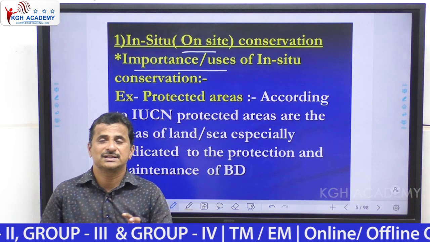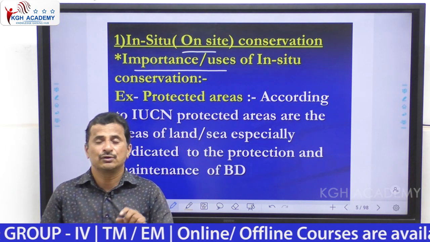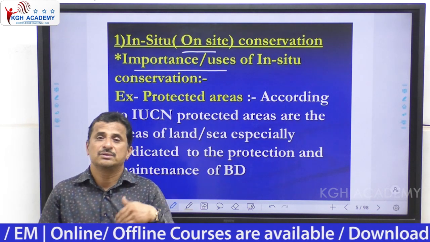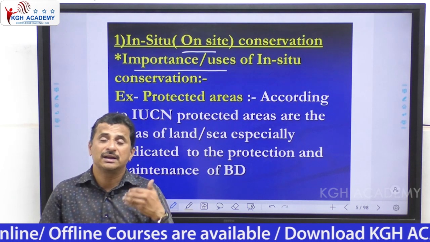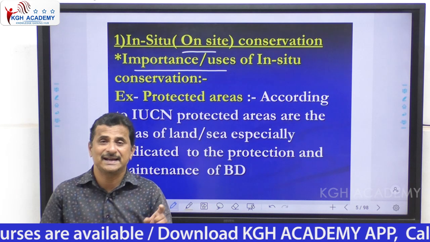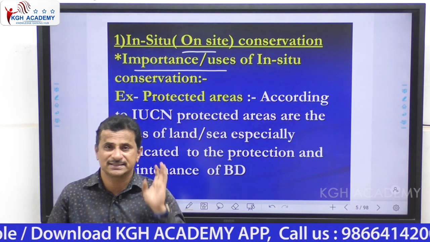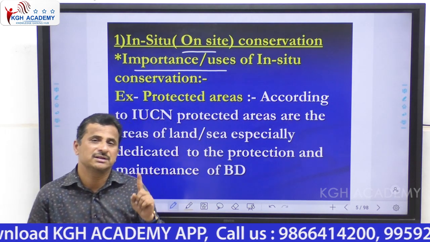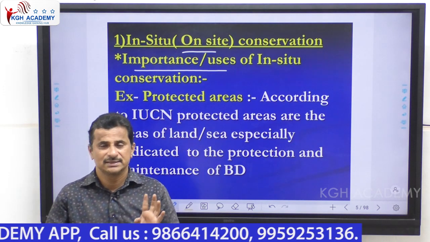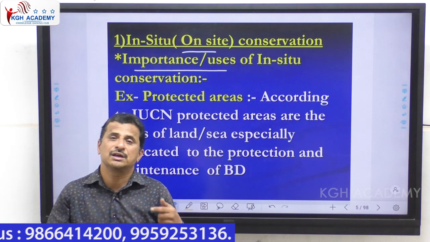In natural conditions, organisms automatically increase their number, with no need for special projects. Organisms also withstand and resist all environment-related changes. In ex situ conservation, it is not possible to survive in new areas, but in in situ conservation, organisms grow in their own area.